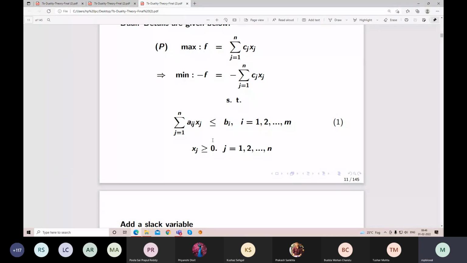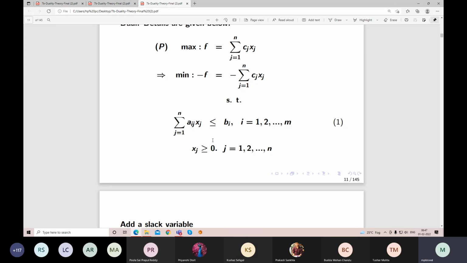Here the system is non-homogeneous. If the right-hand side b is all zero, then zero is also a solution. If nothing is mentioned about x, then x is a free vector and x1, x2, ..., xn are free variables. Free variables mean they can be zero, positive, or negative.